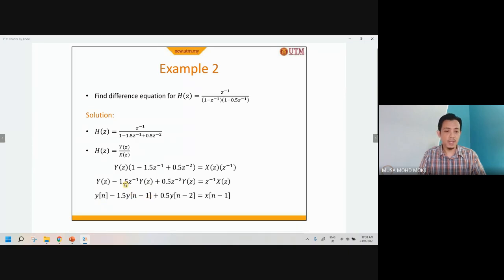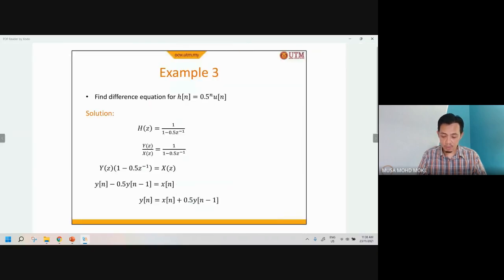And this is just a multiplier, and the rest. So this is x[n minus 1]. In this case, we don't have x[n], so we don't have a current input. We have a delayed input, which is x[n minus 1].